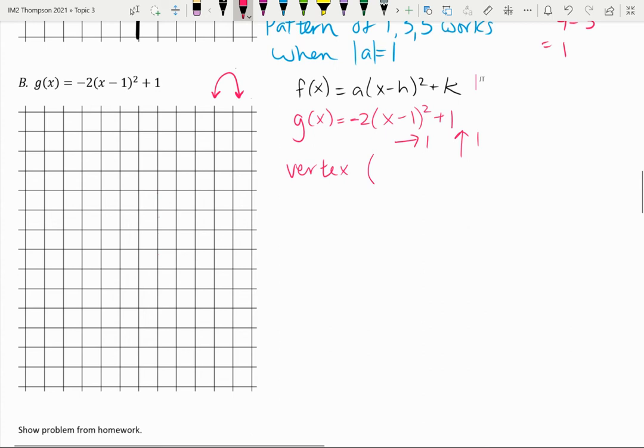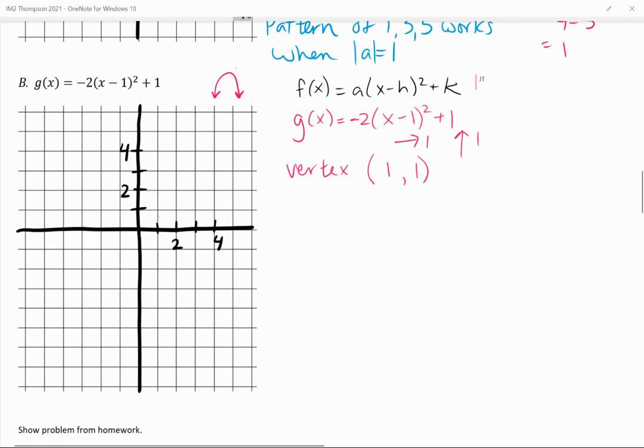So my vertex, I go right 1, so that's positive 1, and then up 1, that's also positive 1. So up 1 over 1 is going to give me a vertex here.